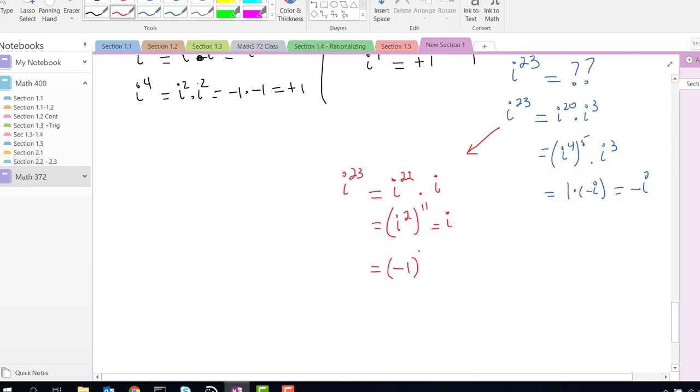So you have -1 to the 11th power times i. And -1 to an odd power stays negative, so this is -i. So we get the same answer, a different approach. All right, let me know if you have any questions with complex numbers.